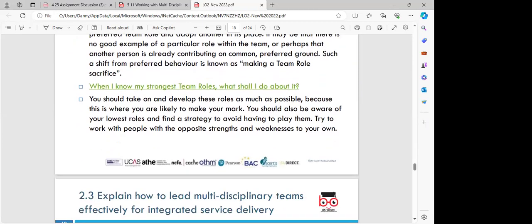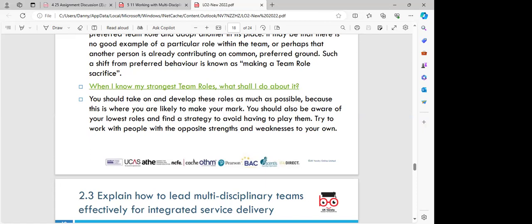And then, when I know my strongest team role, what should I do? When you identify that this is where you function the most, you should take on and develop these roles as much as possible, because this is where you are likely to make your mark. You should always be aware of your lowest roles and find strategies to avoid having to play them.